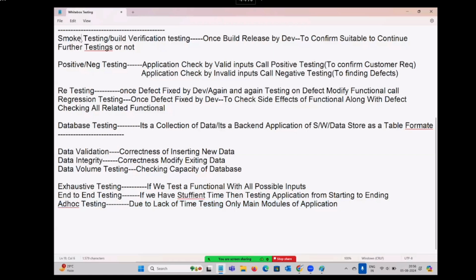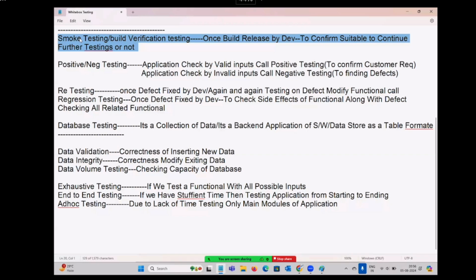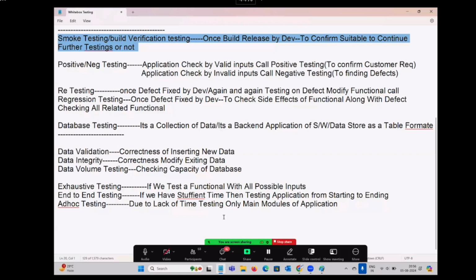Once again, guys, I'll repeat all. Everyone, what is meant by smoke testing? Smoke testing means testing, once the build is released by the developer, basic functionality to check whether the build is suitable to continue further testing or not.